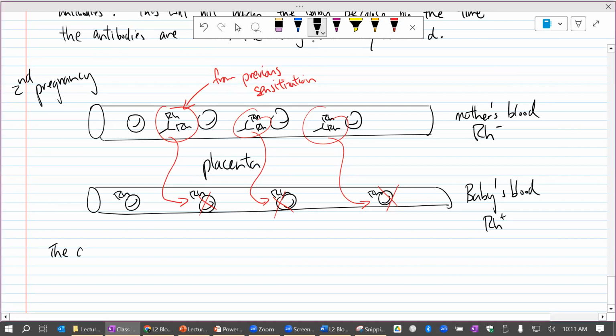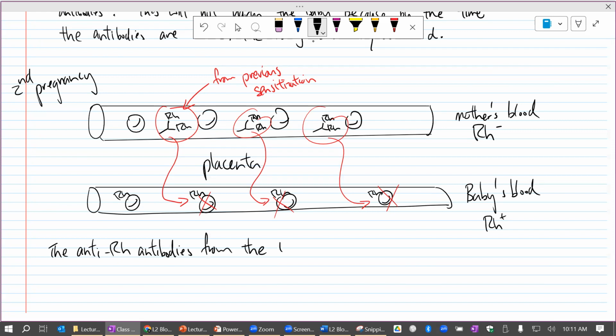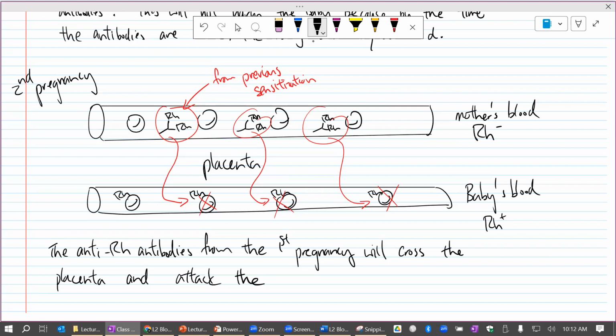So the anti-Rh antibodies from the first pregnancy will cross the placenta and attack the Rh positive RBCs of the baby.